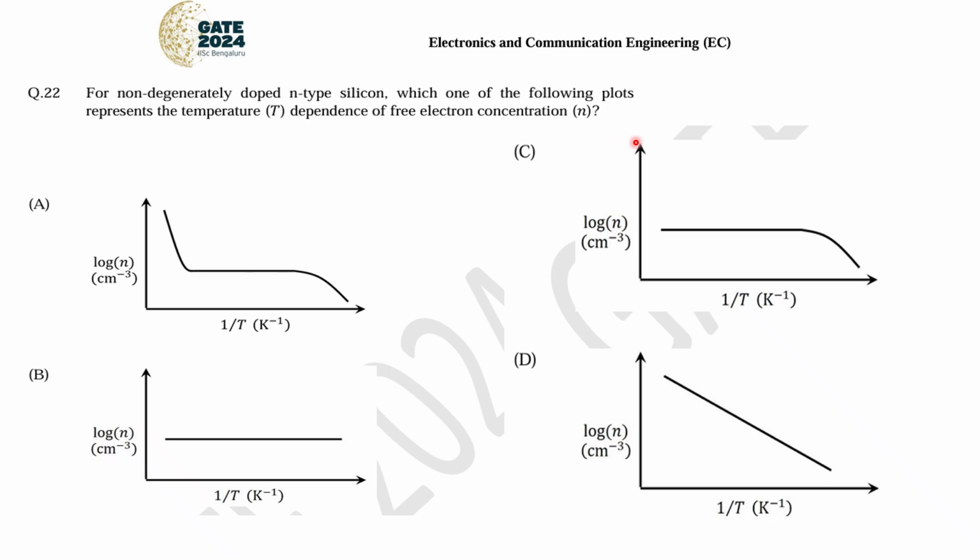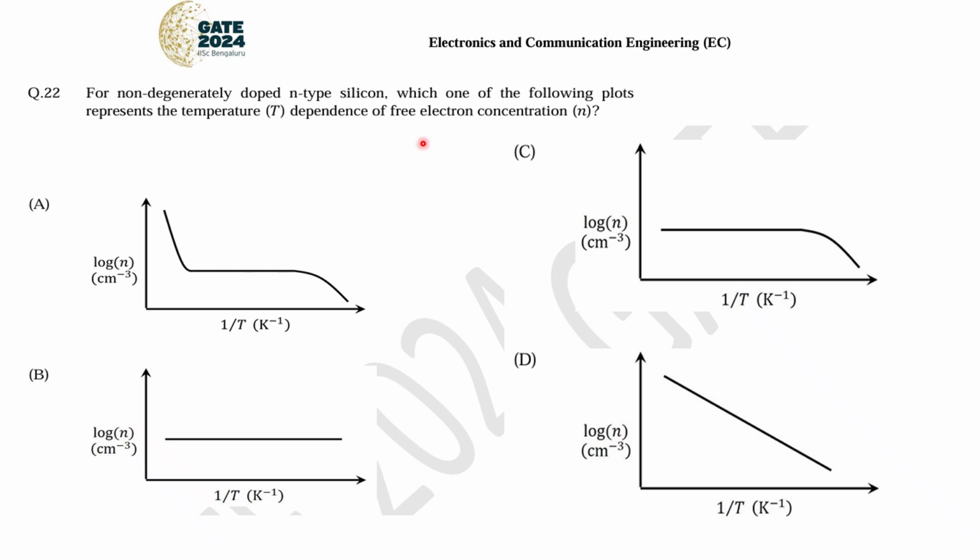So in this question, what is being asked is that first it is telling us about doped N-type silicon, right? So we are dealing with N-type silicon, which means we are going to dope some fifth group elements like phosphorus or arsenic into pure intrinsic silicon, right?